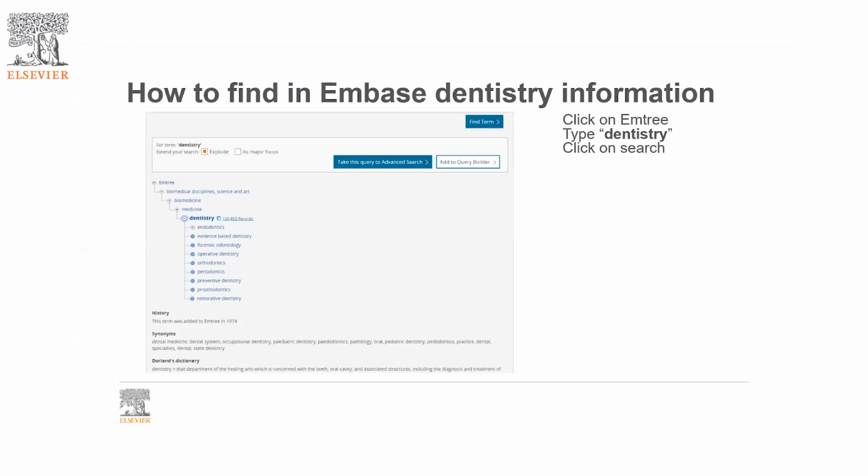In Embase, there is a lot of different information. For example, there is information in dentistry. If you want to find this information, you just click on M3 and type dentistry and click on search. You will find a lot of different things in dentistry.